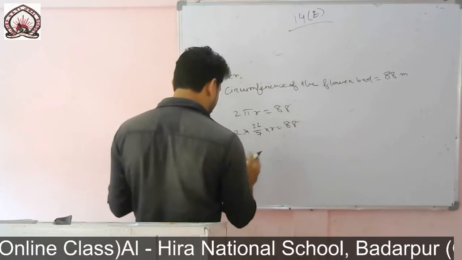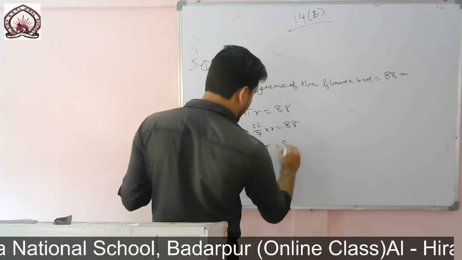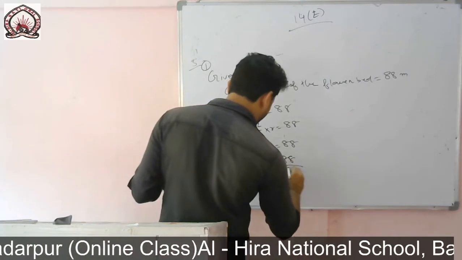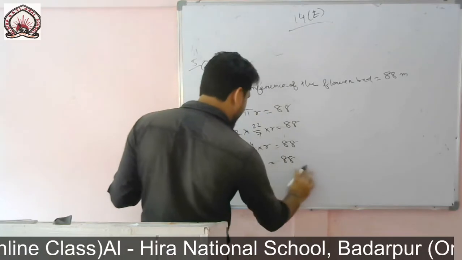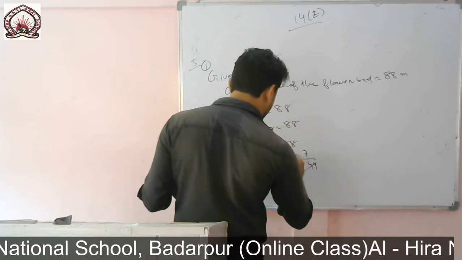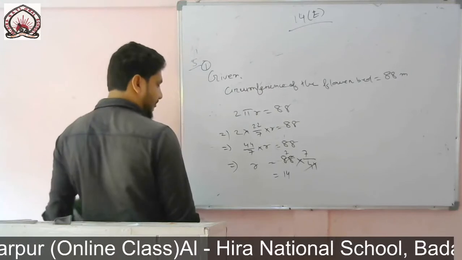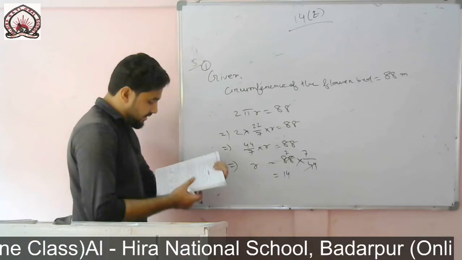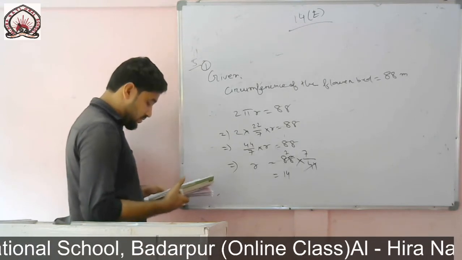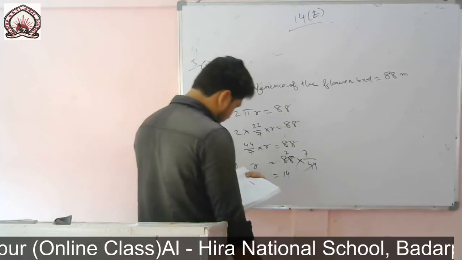So from here I can find 44/7 into r equals 88, and r equals 88 into 7/44. We are getting 14. So r is 14.